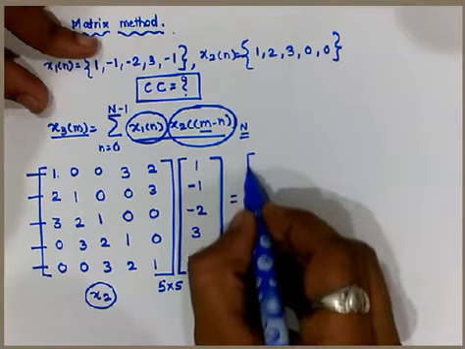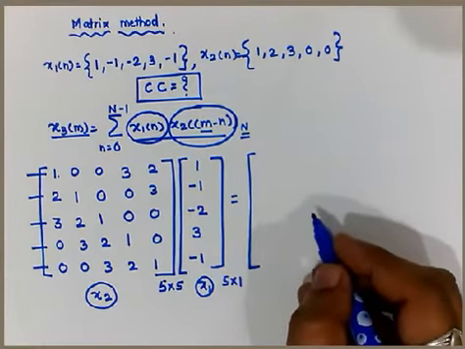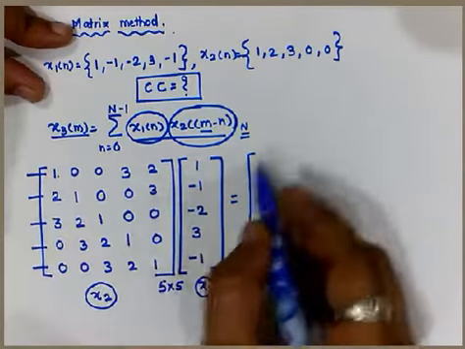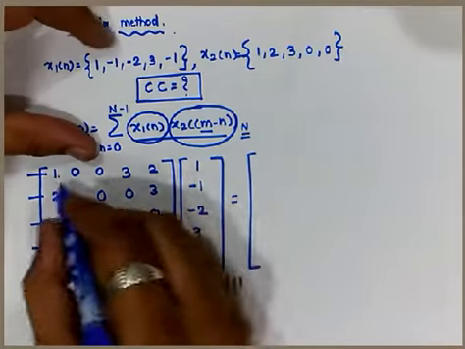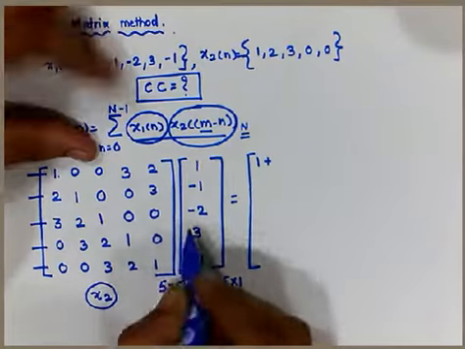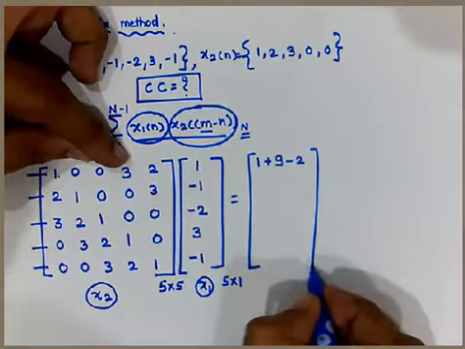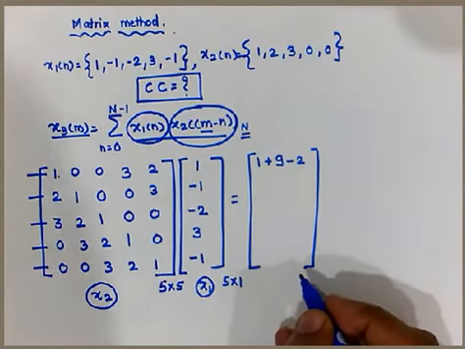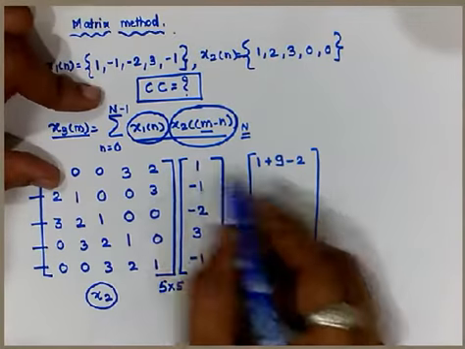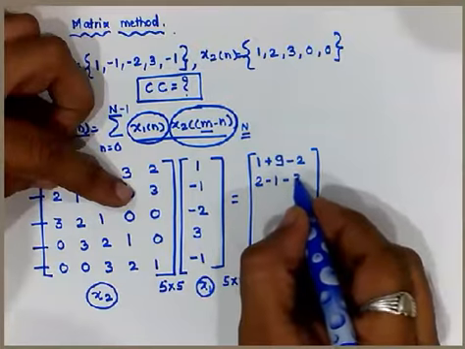Now for solving this, we write 1 into 1, that is 1, plus 0, plus 0, plus 0, plus 9 minus 2. That is the calculation for the first case. For the second case, this is 2, -1, -3.